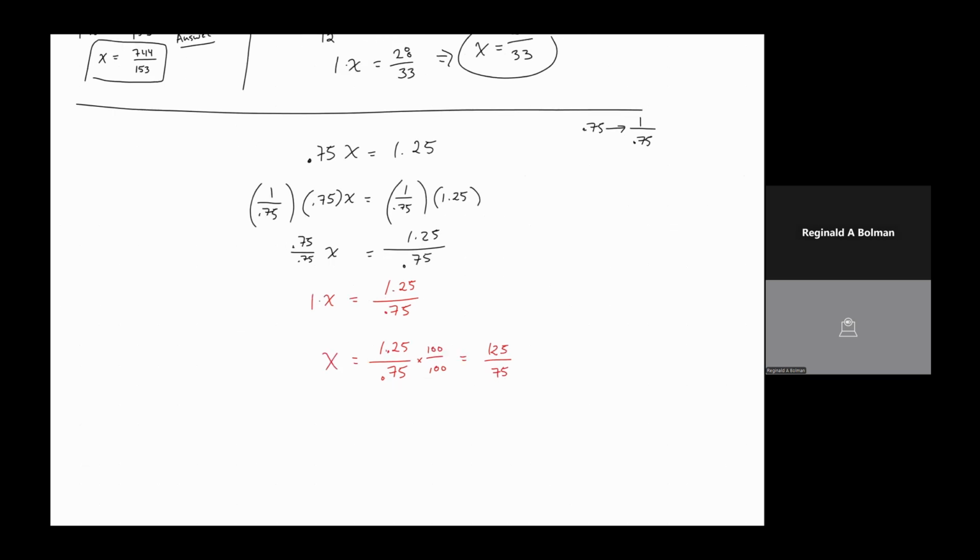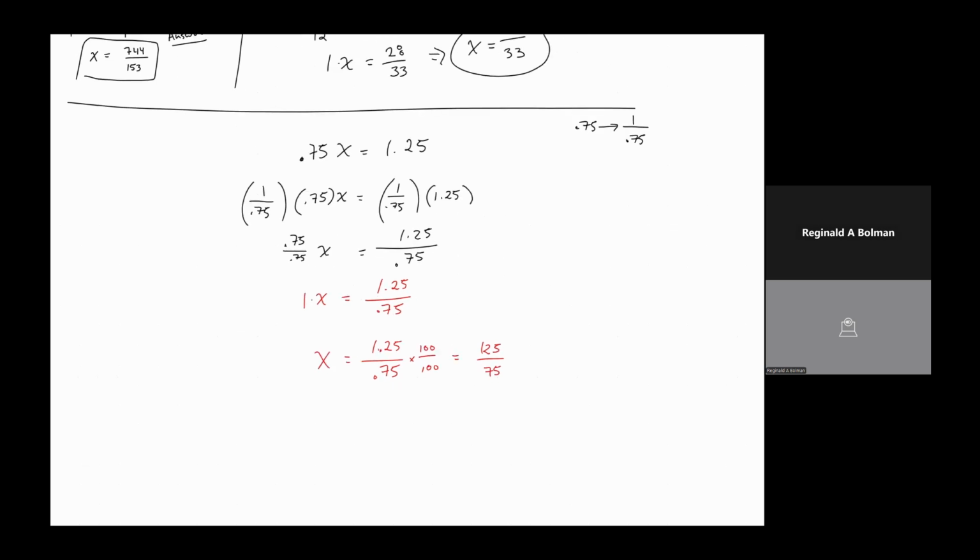Now, with this 125 over 75, you can go to the side of your page. 125 is the same thing as 5 times 25, and 75 is equal to 3 times 25. So you've got 5 times 25 over 3 times 25, and the 25's cancel out, and you've got 5/3 as your answer.